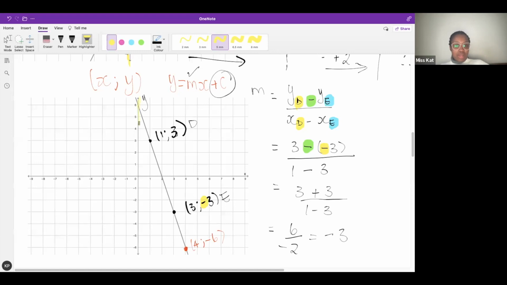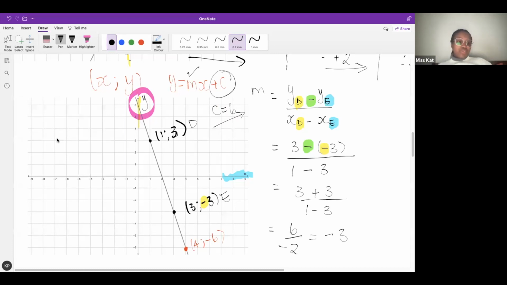This is the y-axis. The blue one is your x-axis. Now we want the y-intercept. Where does my graph cut my y-intercept? It's over here. Do we see that? And that is how much? 6. So by just looking at the graph, we know that C is 6.